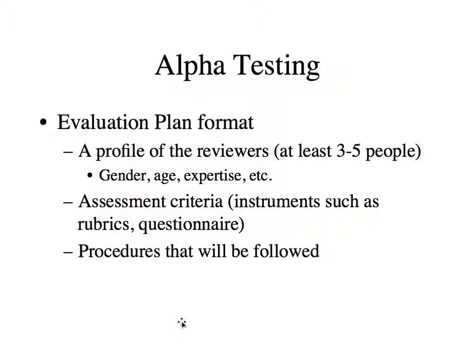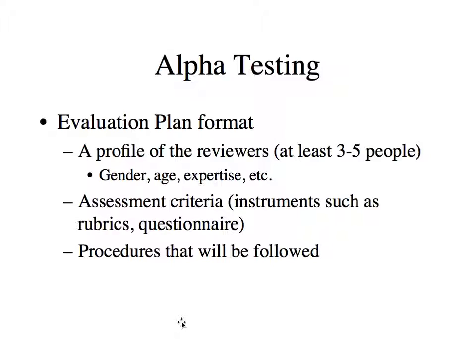The evaluation plan format will be a profile of the reviewers, all the students in the class, and your client. So you have, I had 3 women and 2 men, and their average age was 25 or whatever it is, and their expertise particularly related to the content.